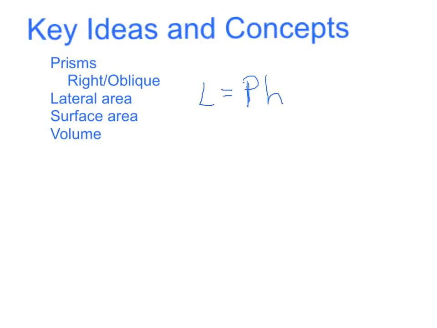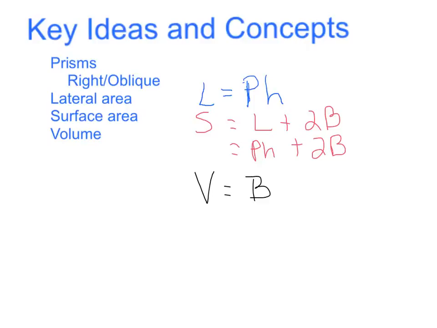The surface area equation is the lateral area plus 2 times the bases, or you could think of this as pH plus 2B. And then finally we need to know the volume equation. Volume equals base times height. The skill test for this will consist of probably 2 different prisms that you have to calculate L, S, and V for.